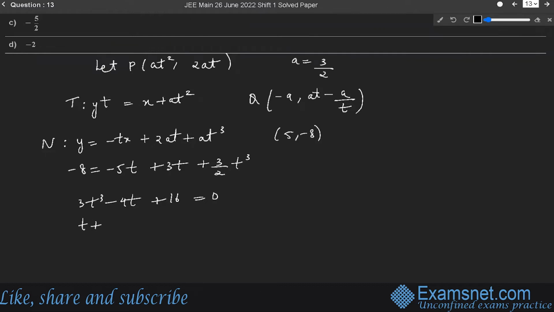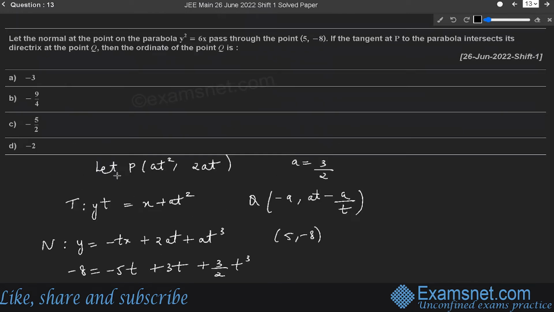Therefore, (t + 2)(3t² - 6t + 8) will be equal to 0. We can say that t will be equal to -2. Hence, we can say that the ordinate of point Q will be -9/4. So, the correct option will be option number B here, which is -9/4.